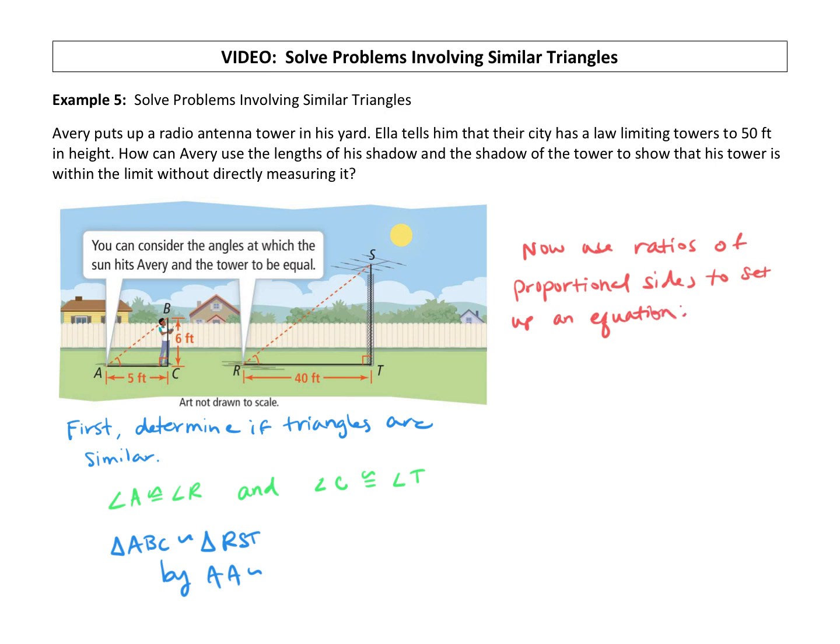So we can see that side AC is 5 feet long. So we're going to set side AC up over its corresponding side, which is going to be RT.